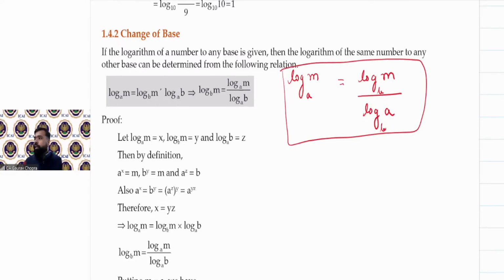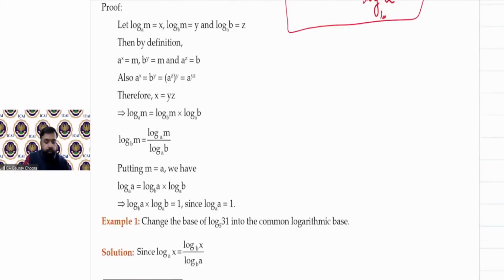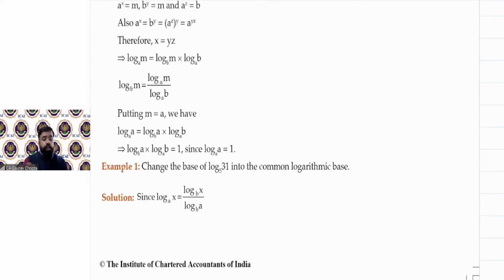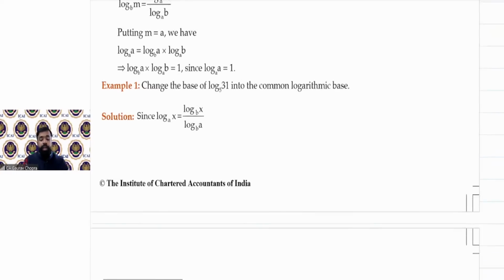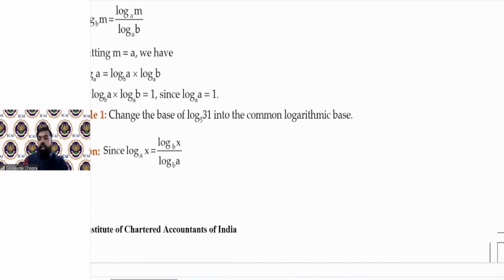Okay. So no doubt still here. So let's move further. Then we have: change the base of log 31 base 5 into common logarithmic base. Now, what is the common logarithmic base? Base 10 is known as common logarithmic base.